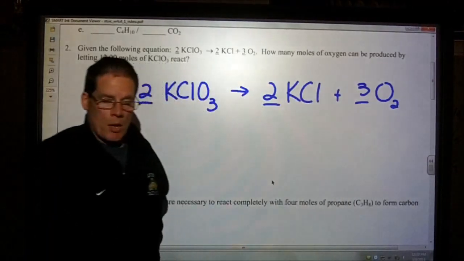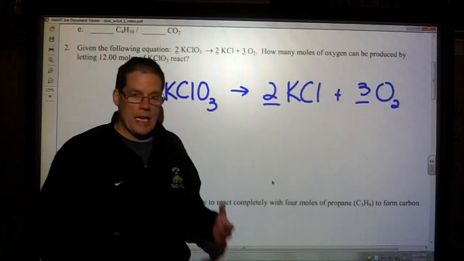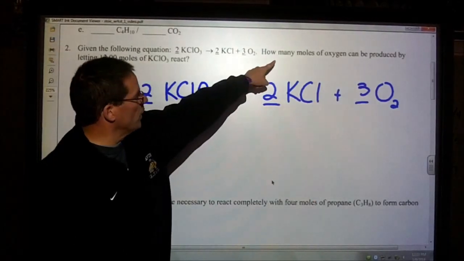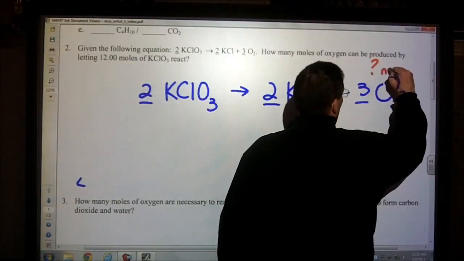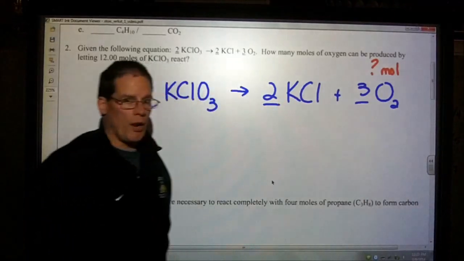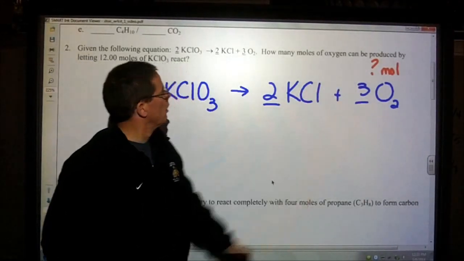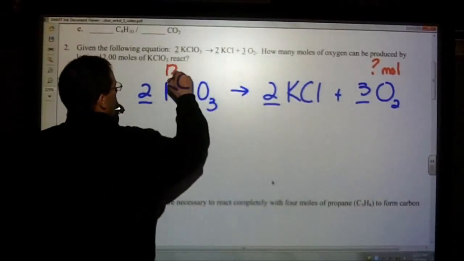Now again, my advice, and it's good advice, I would write down the information that I know about this problem. For example, it's asking how many moles of oxygen, so put question mark moles. Tell yourself it's looking for this. And then it also gave us 12 moles of KClO3.